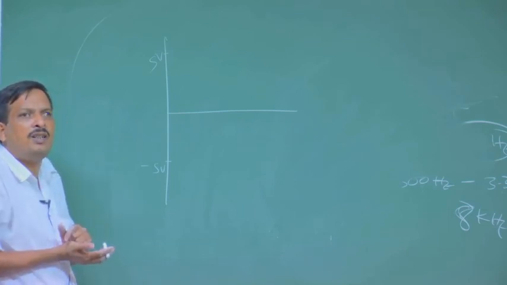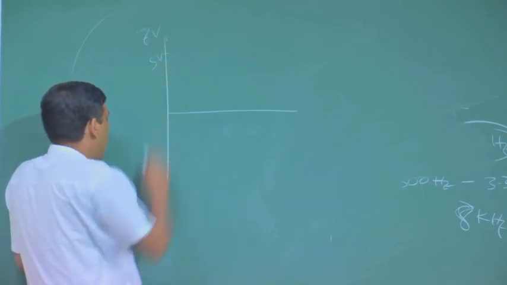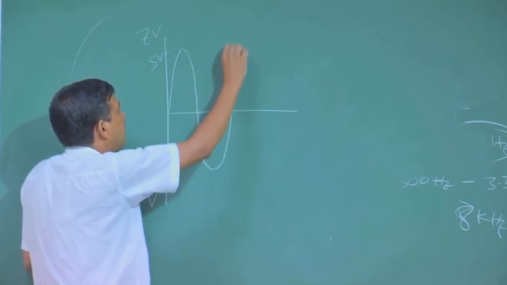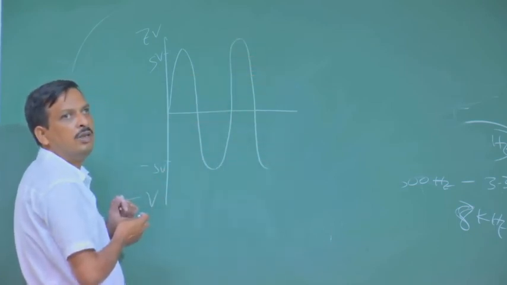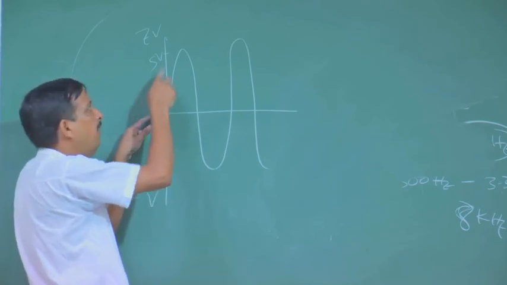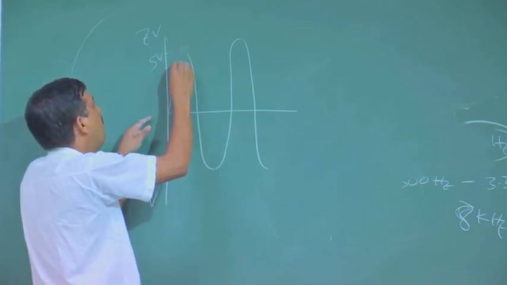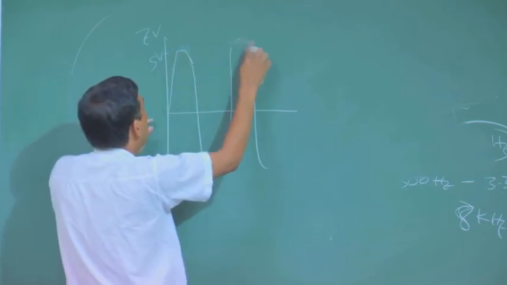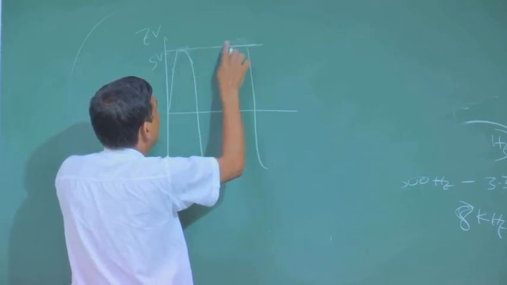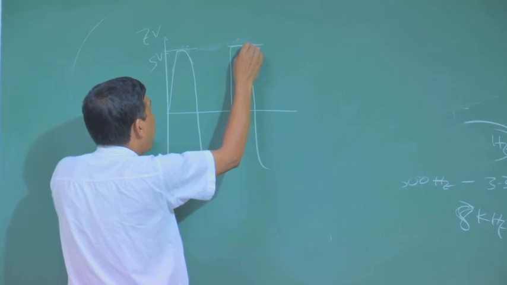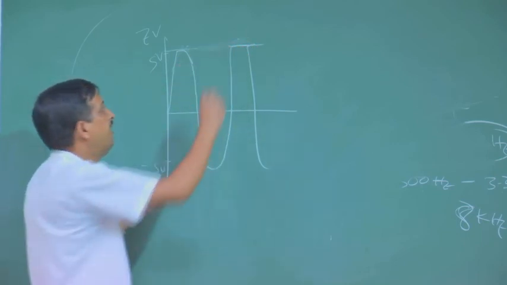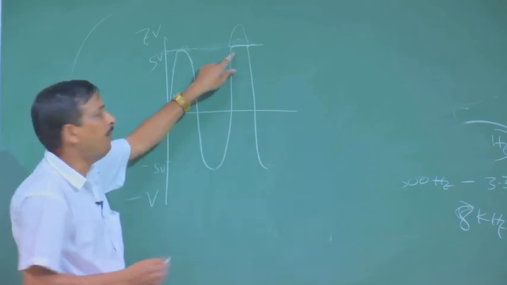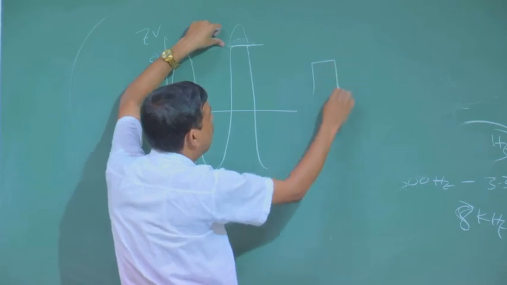Now, if I amplify my sound to 7 volt to minus 7 volt, say a sine wave, and my limitation is 5 volt, what will happen? After 5 volt, it will be flat. So this portion I am not getting; I am getting a flat response. If it is clipped, that means it develops a square wave there.